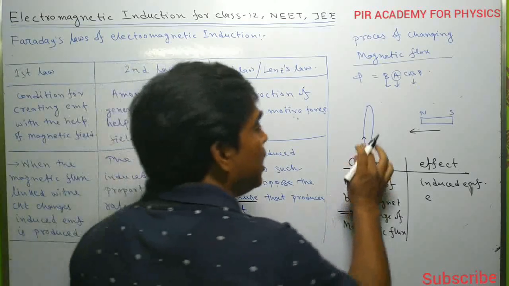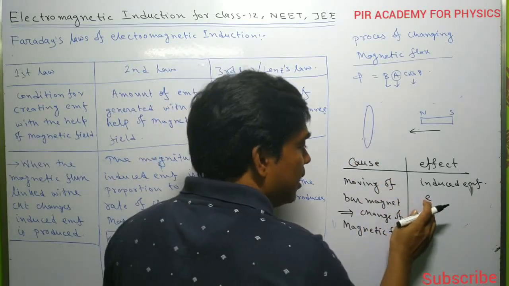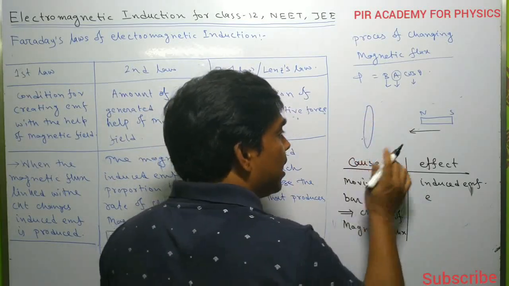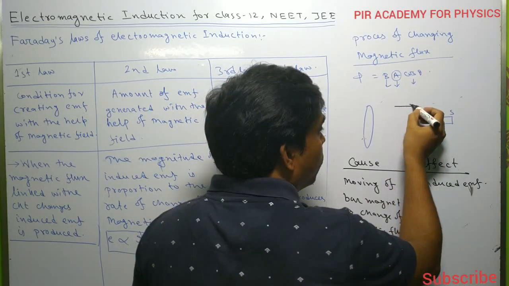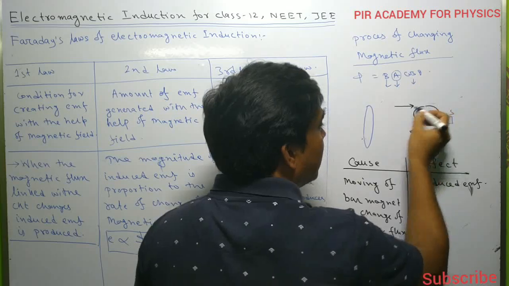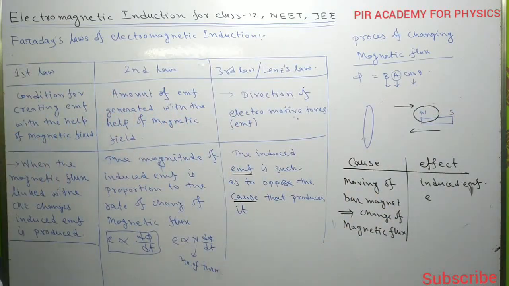That means the direction of induced EMF is such that it opposes the further movement of this magnet. Do you understand what it says?